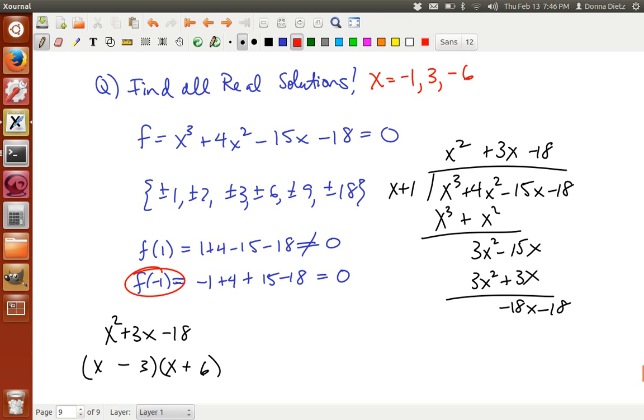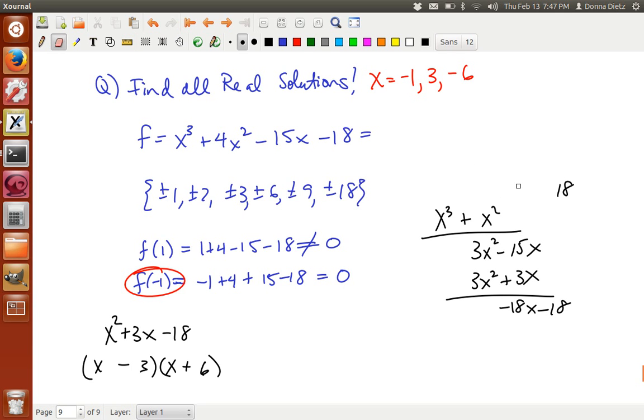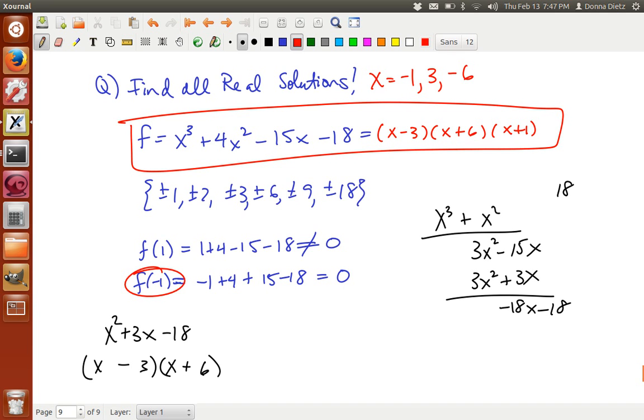Okay? And another way of expressing this is to say this equals x minus 3, x plus 6, and x plus 1. That's what that means.